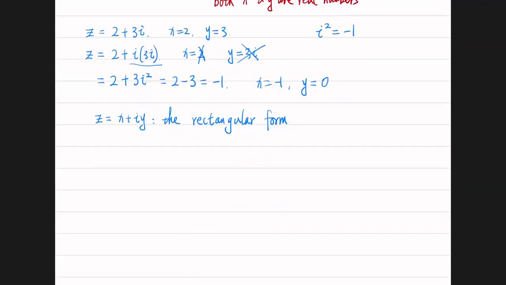Okay. For comparison, we also introduce the polar form. Let's start with a picture.